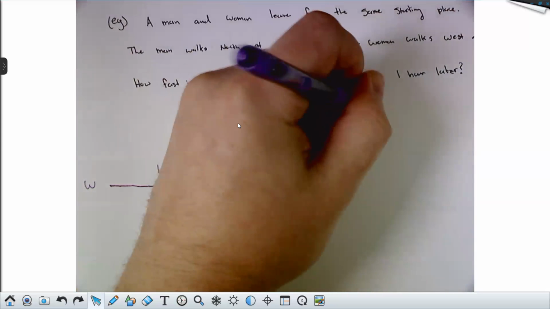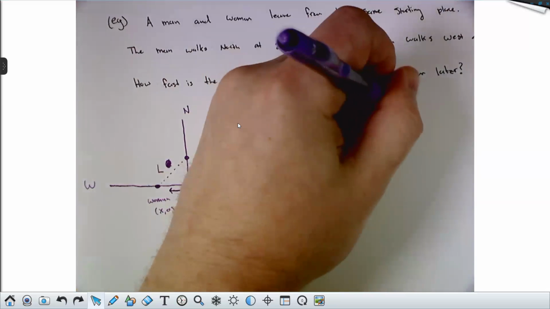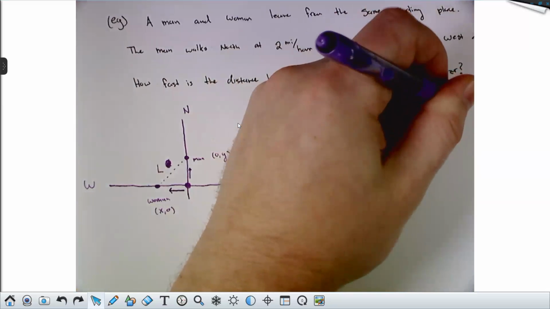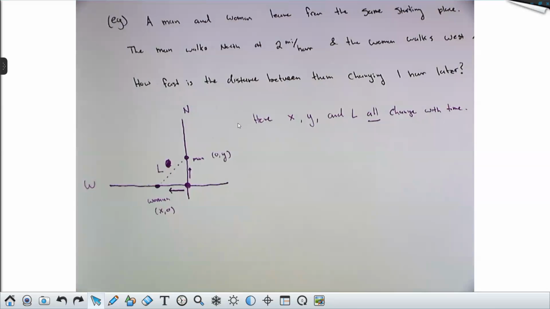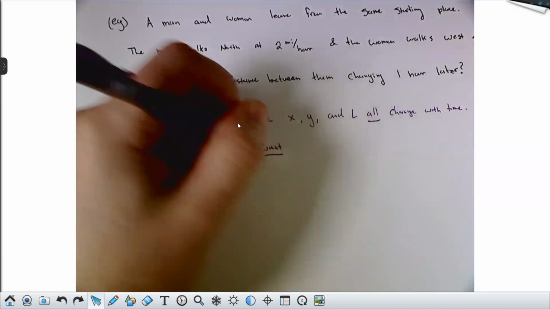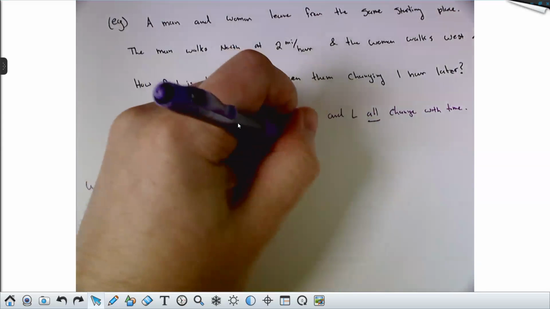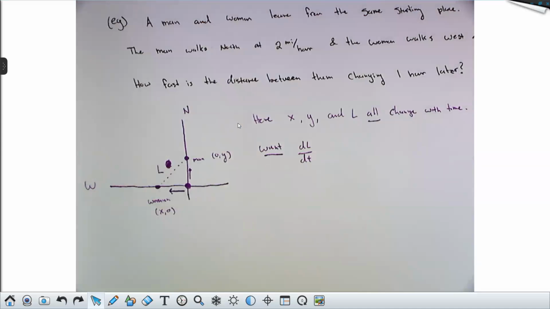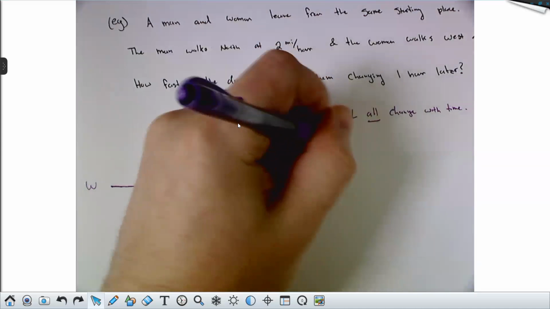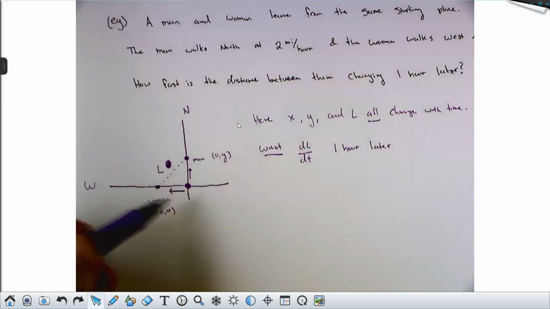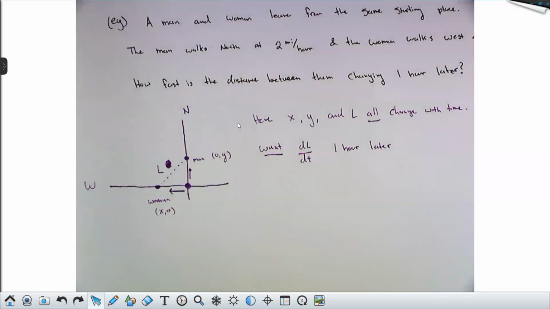And L all change with time. I want dL dt, and I want it 1 hour later. By later, I mean after they start walking.